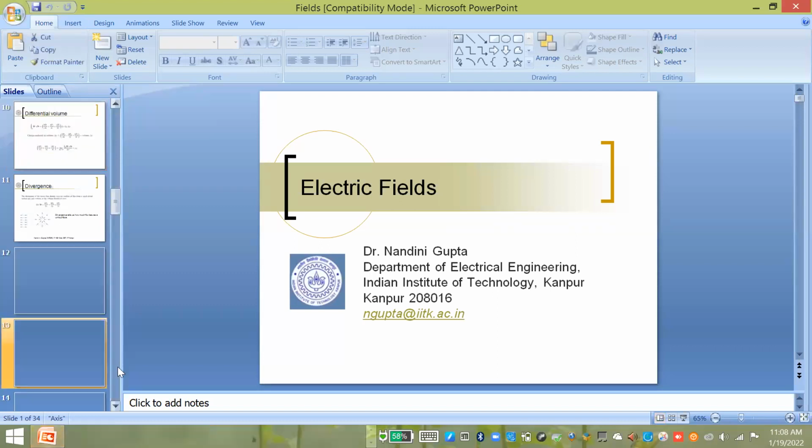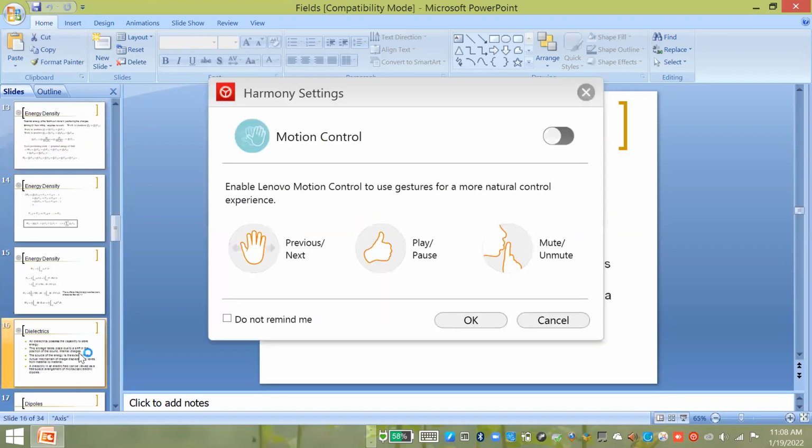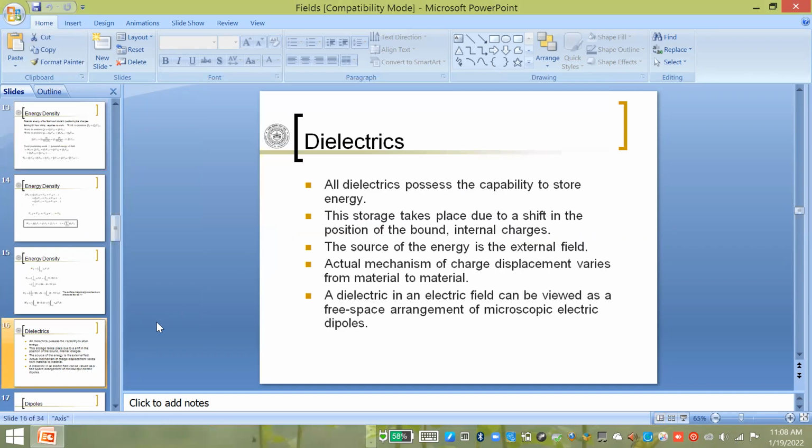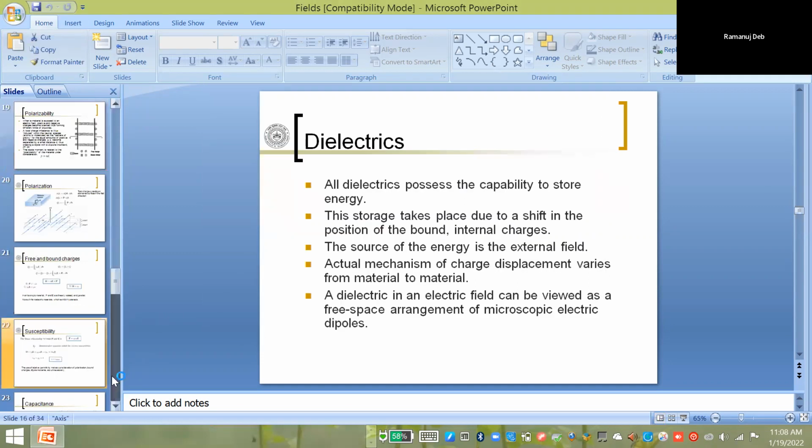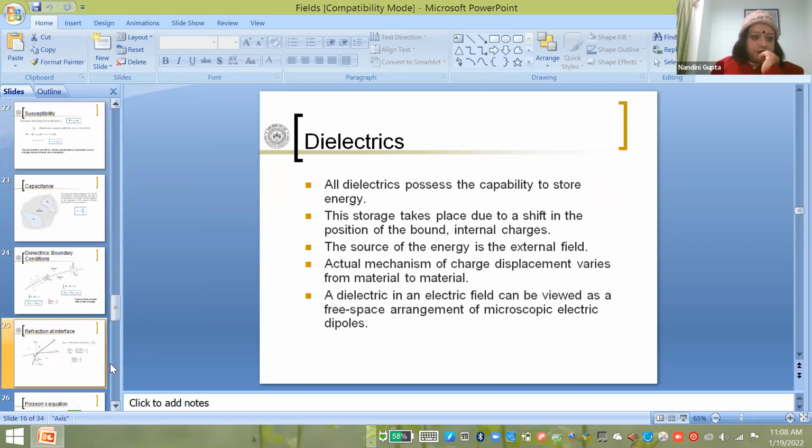So let me start from where we had stopped off. This we had covered, susceptibility.